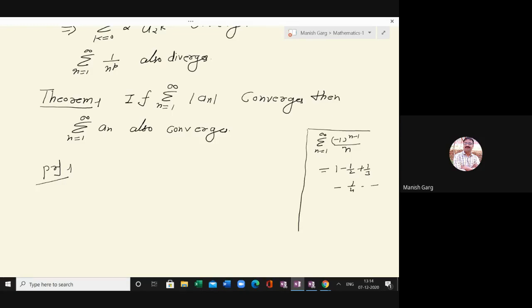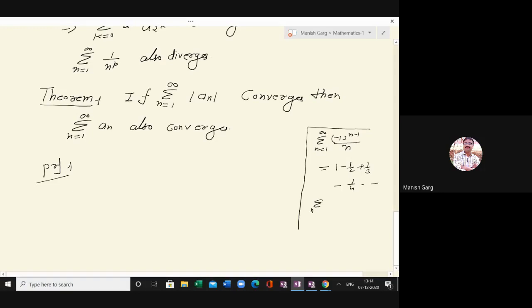It says if you consider all the positive series, what will be the positive series of this? The series n is equal to 1 to infinity mod an becomes 1 plus 1 by 2 plus 1 by 3 plus 1 by 4. This is the positive series of this.